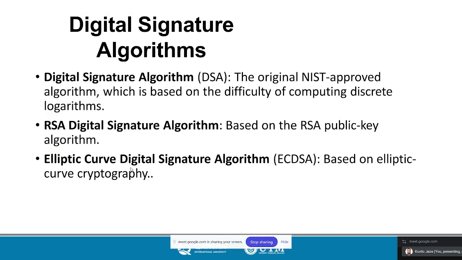Now, digital signature algorithms. We have the digital signature algorithm DSA, the original NIST approved algorithm, which is based on the difficulty of computing discrete logarithms. The RSA digital signature algorithm is based on the RSA public key algorithm. The elliptic curve digital signature algorithm, ECDSA, is based on elliptic curve cryptography.